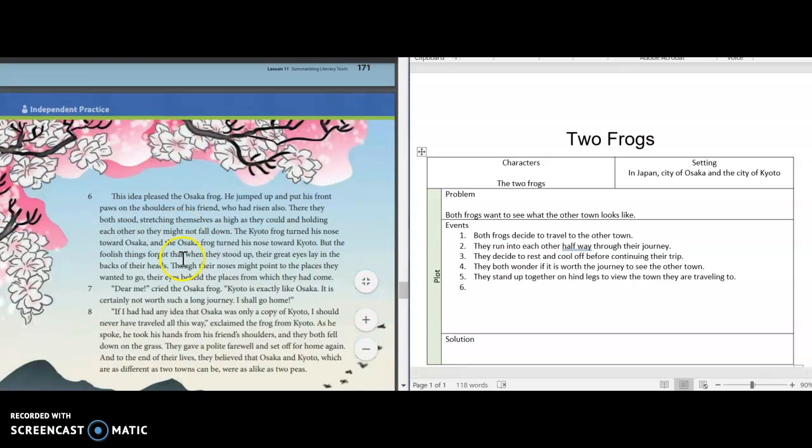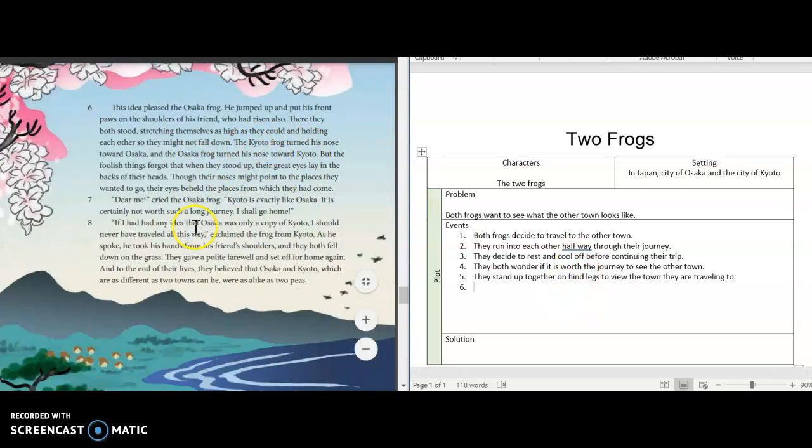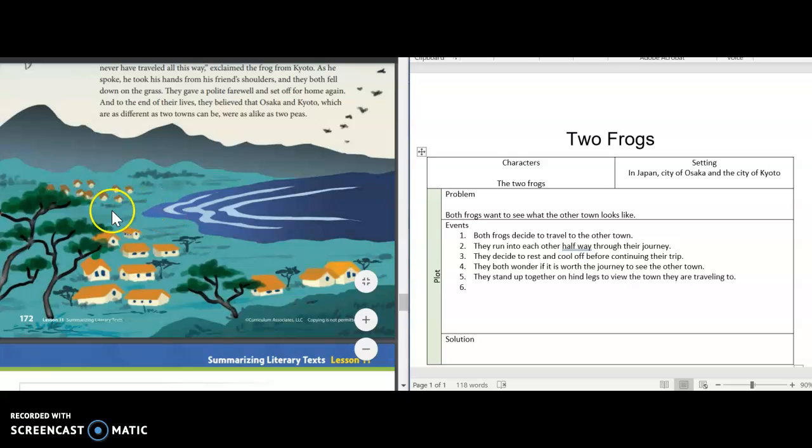And then we get to the last page of this story. And we learn that somehow they forget that their eyes are on the back of their head. So really, what they're looking at when they're right here kind of in the middle, the frog that's leaving Osaka, if the eyes are in the back of his head, he's actually viewing his hometown of Osaka.